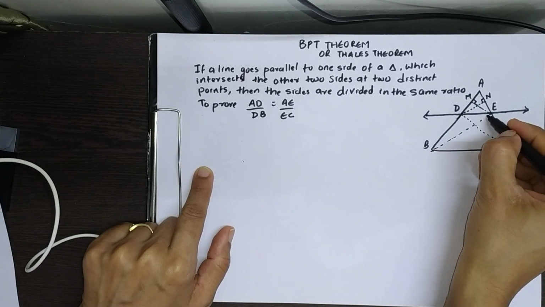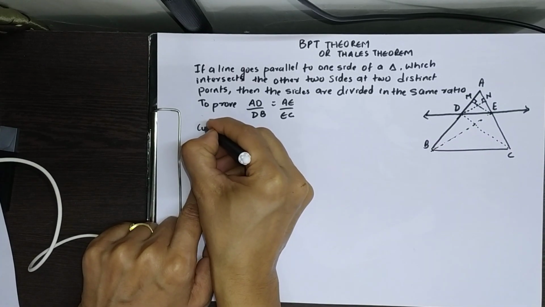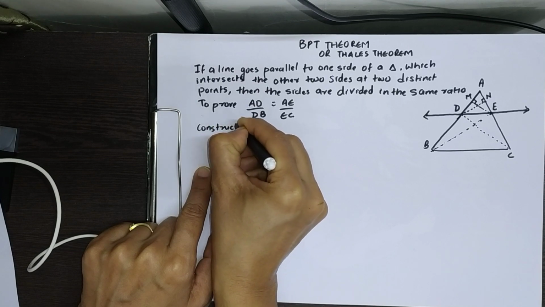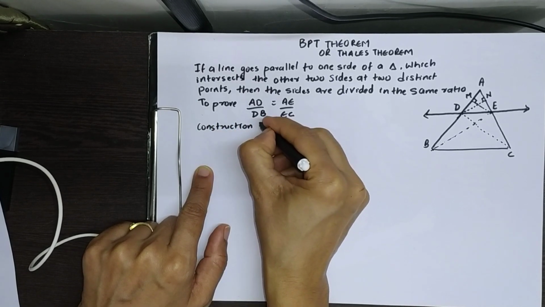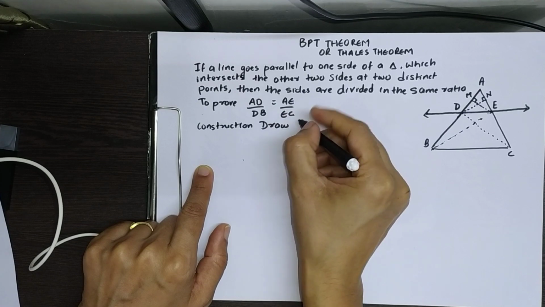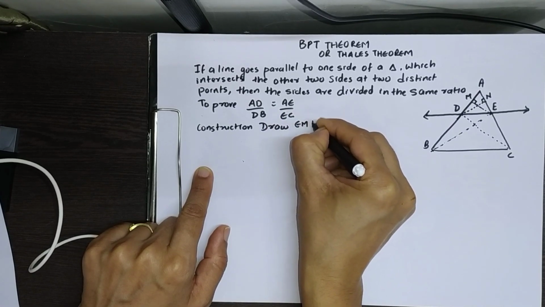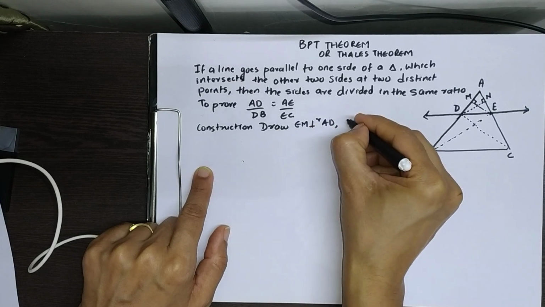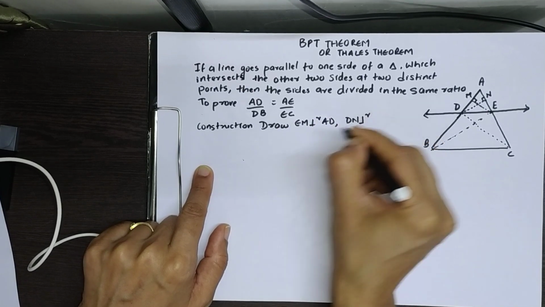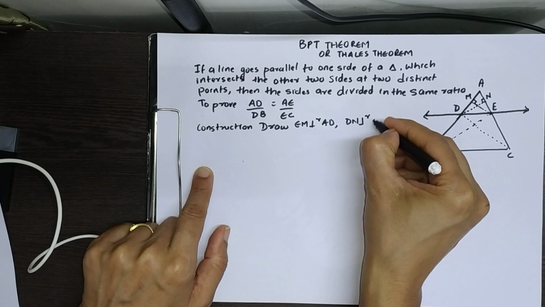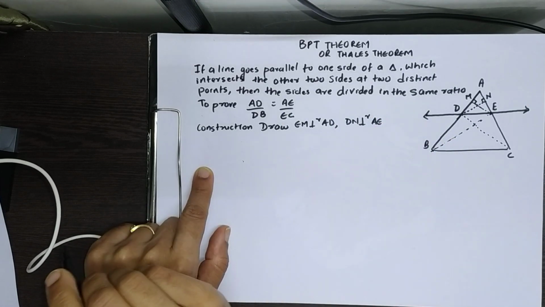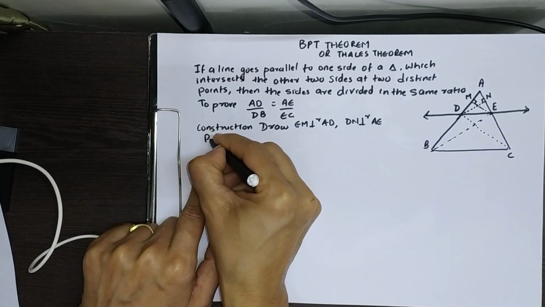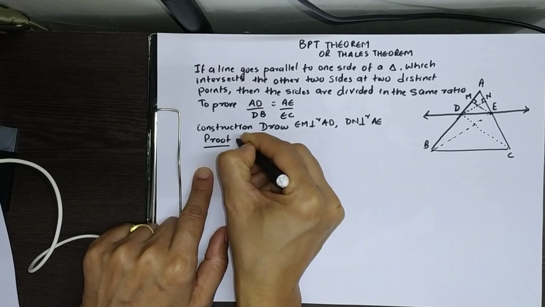Okay, I will write down the construction. Construction is, draw EM perpendicular to AD and DN perpendicular to AE. Okay. Now I am going with the proof of this particular theorem.